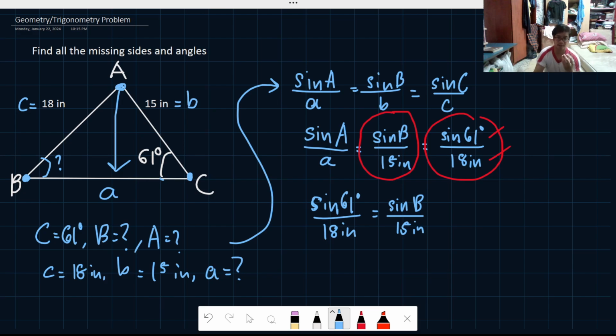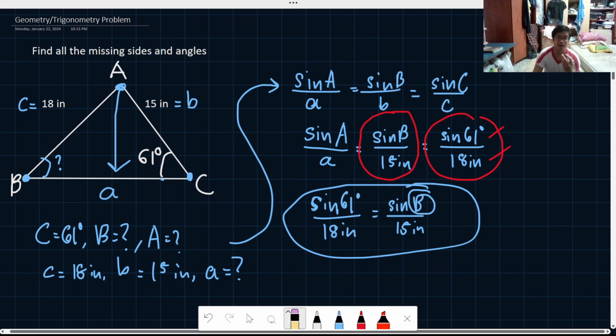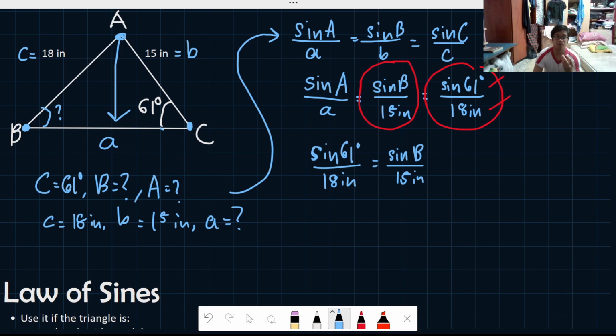Next thing is that we're going to find its missing part. The missing part here is capital B, so we're going to find angle B. You see this 15 inches?